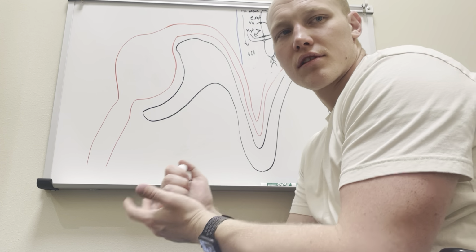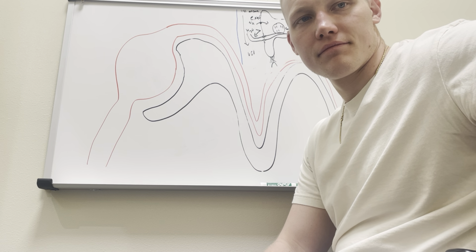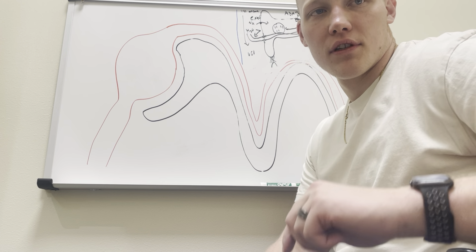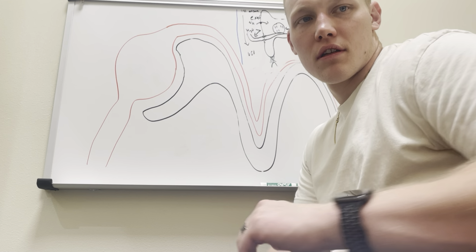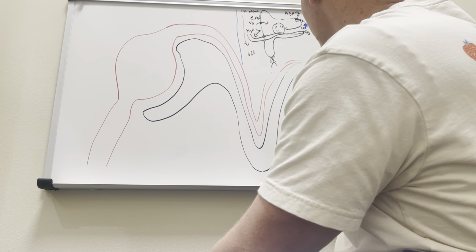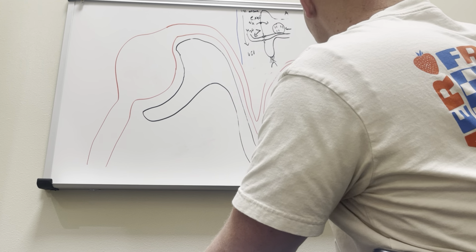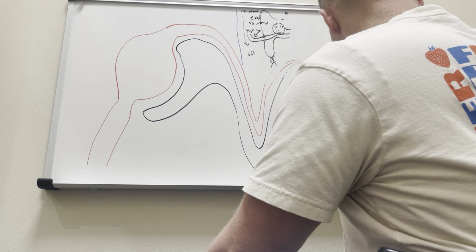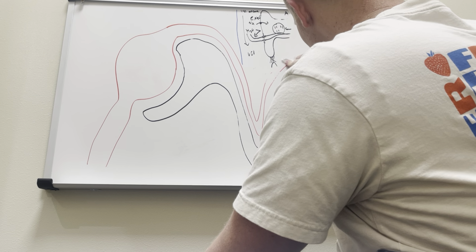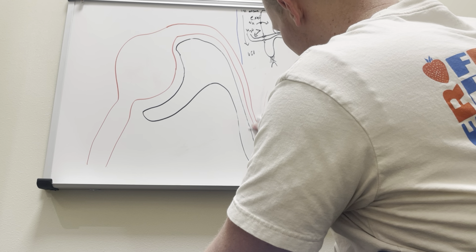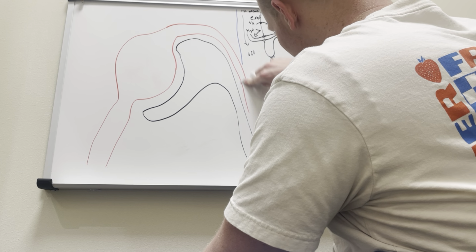So, how does this all work? This all works because of concentration gradients. So, the reason I left this drawing up here, and I'm going to erase the parts that are horrible and fix them.